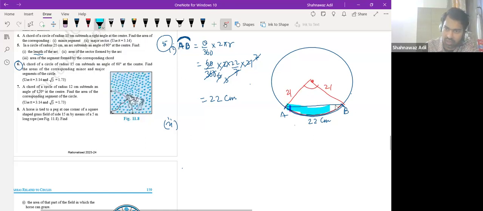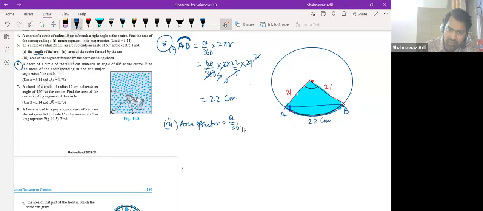We have to calculate the area of the sector. The minor and major segment was the sixth question. So area of sector, this is theta by 360 pi r square.